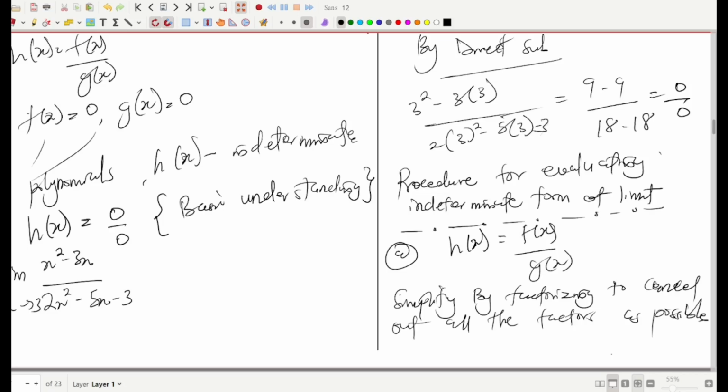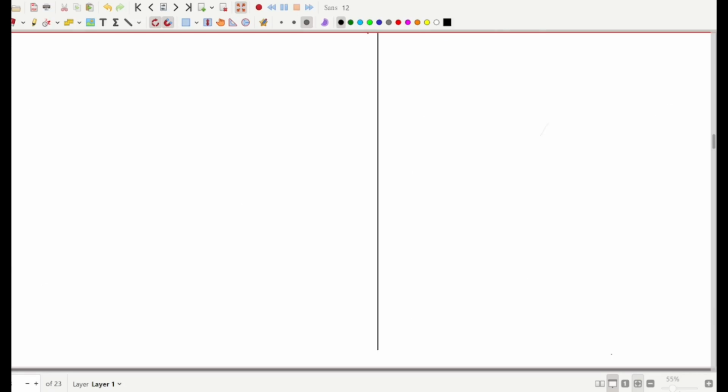The second procedure I want you to consider: if the numerator or the denominator has a square root, then you rationalize either the numerator or the denominator.